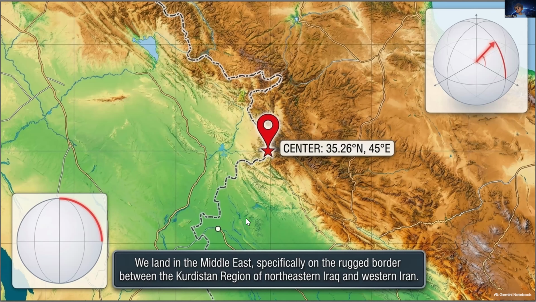And then we can move east with a cosine transformation. The center at 35.26 degrees, 45 degrees lands in the Middle East, specifically on the rugged border between the Kurdistan region of northern Iraq and western Iran. That part is the center of the spherical right triangle from the prime meridian to 90 east with the equator.